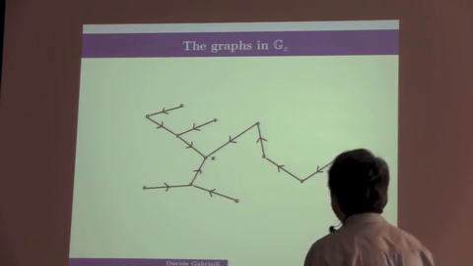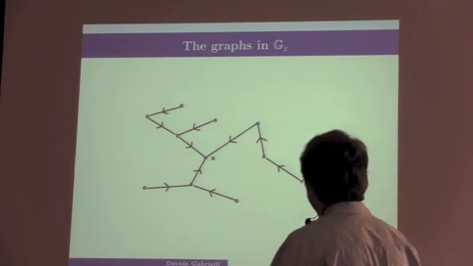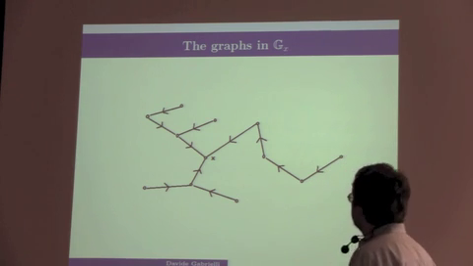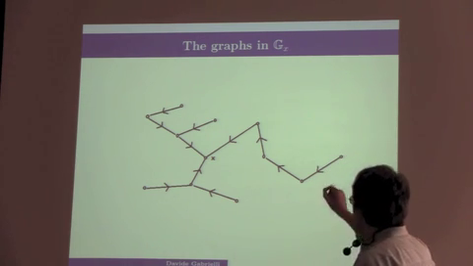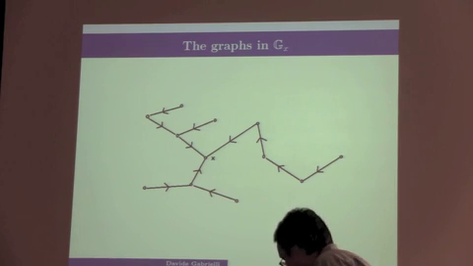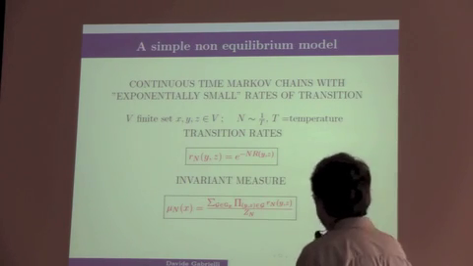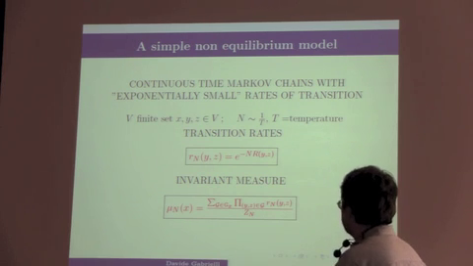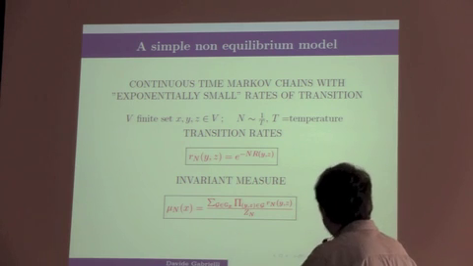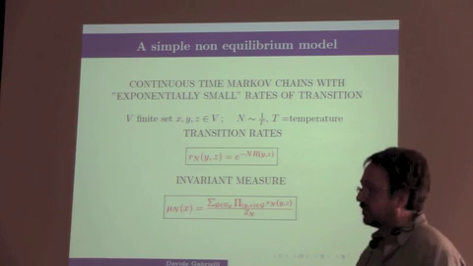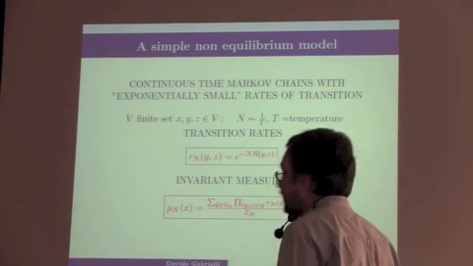So the class of graphs on which I have to sum are essentially oriented trees that are oriented toward the fixed point x. So x is the point where I'm computing the invariant measure. I have to sum over all oriented trees that are oriented toward the fixed point x. I have to do the product over all the edges. I multiply by 1 over Z_n, that is just a normalization factor, and this is the invariant measure.